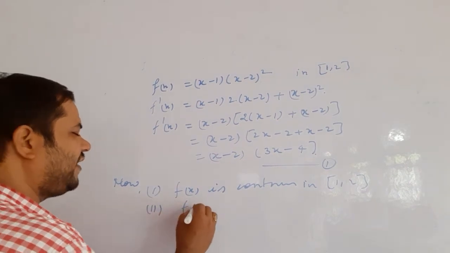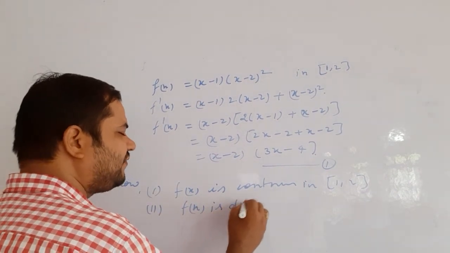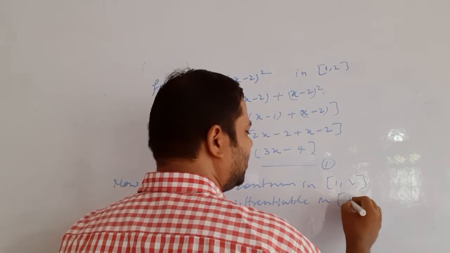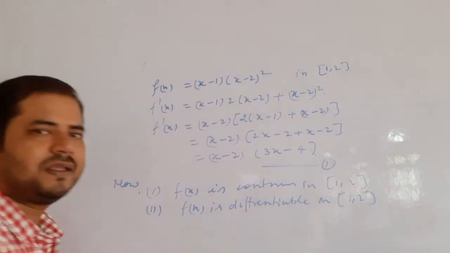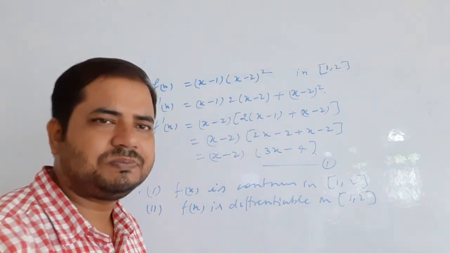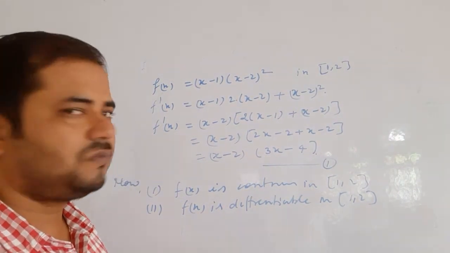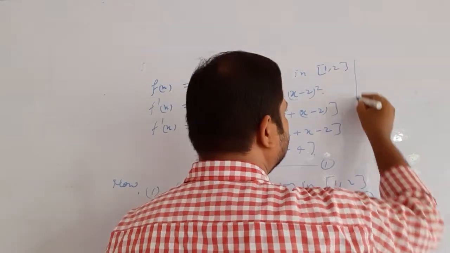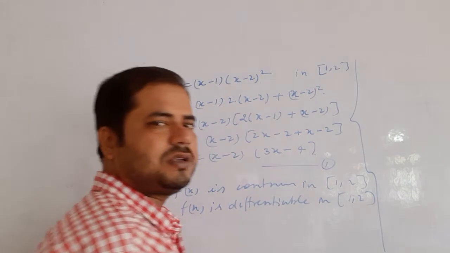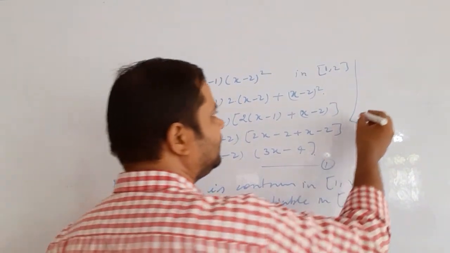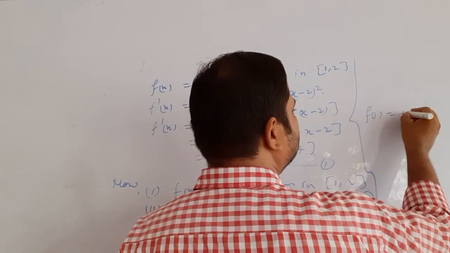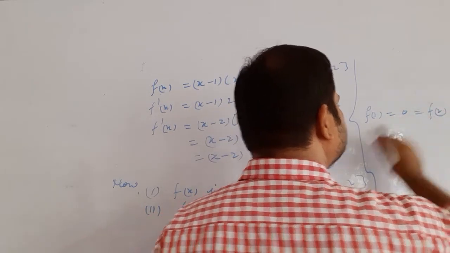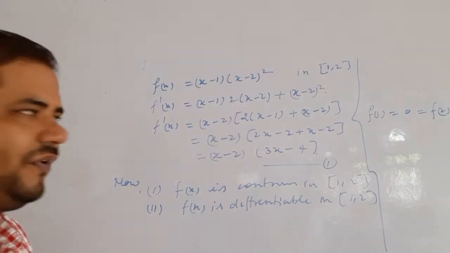Second is f(x) is differentiable also in (1, 2). Then we find f(a) is equal to f(b), then f(1) is equal to f(2) is equal to 0. Hence all the conditions are fulfilled.